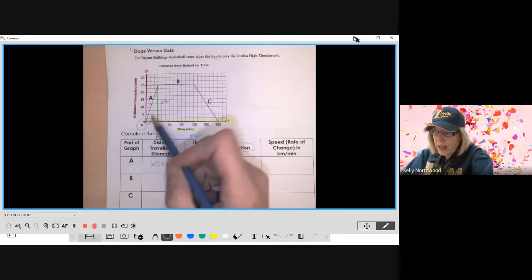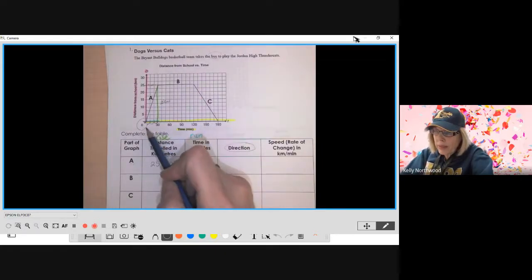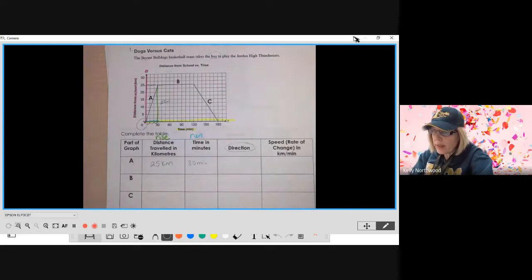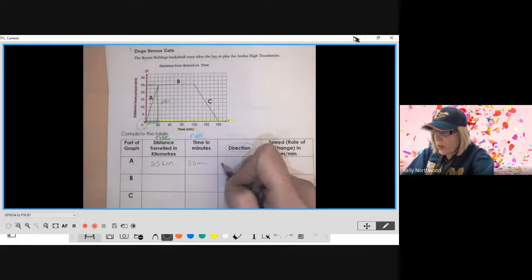So if we start at the home school, then we're going towards Jordan High, okay? Or we can say away from our home school. Either one of those will be fine. So our direction, we're going away from our school.